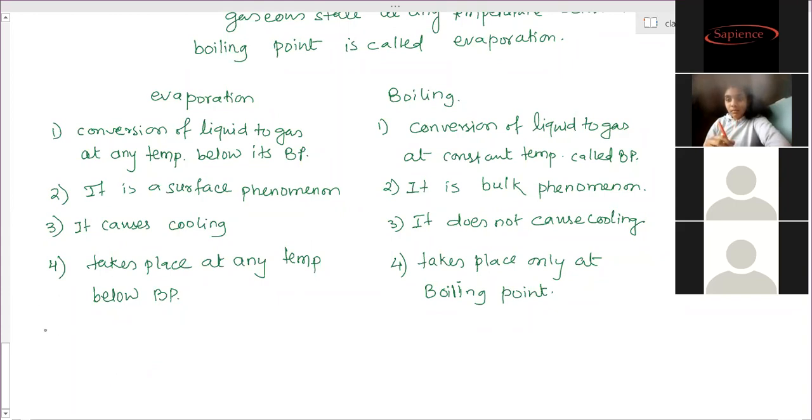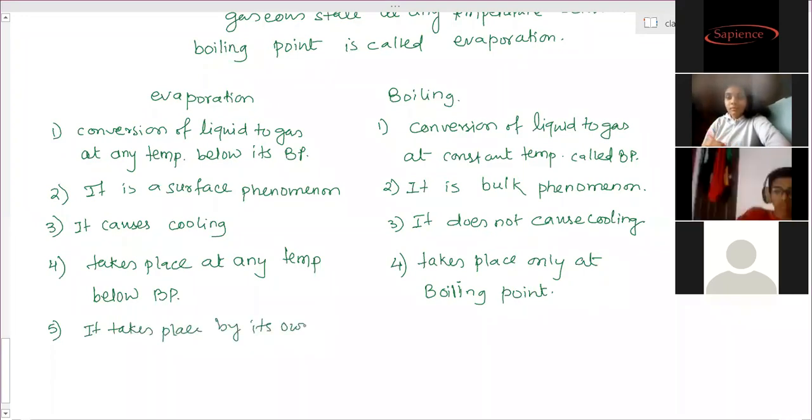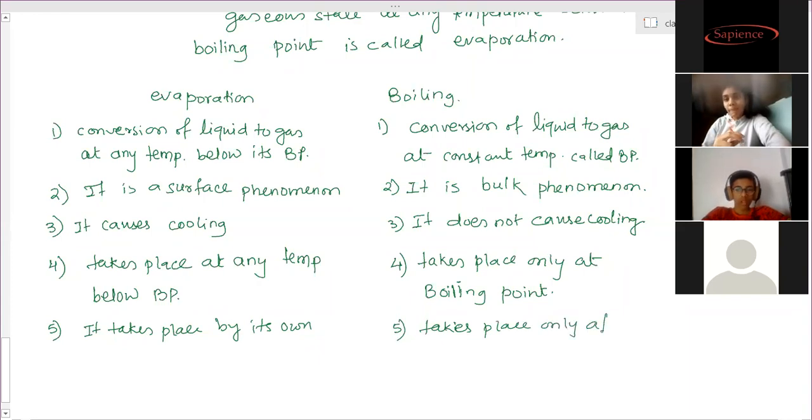Boiling takes place only after heating a liquid. Yes, right. It takes place by its own, human intervention is not necessary. And this one takes place only after heating. Any other points?